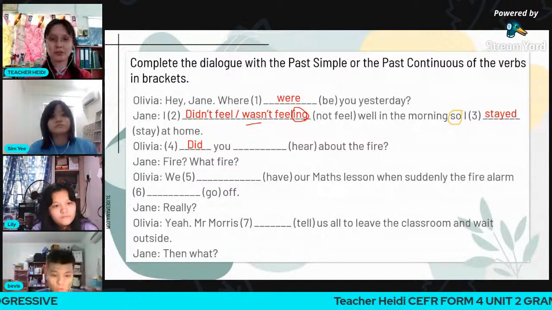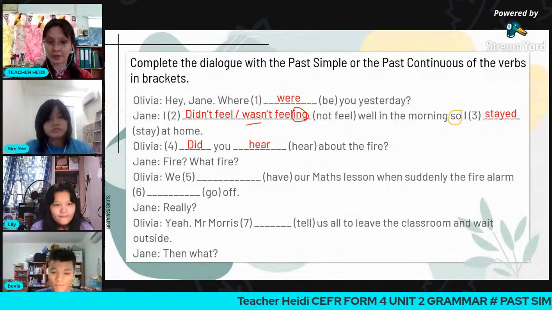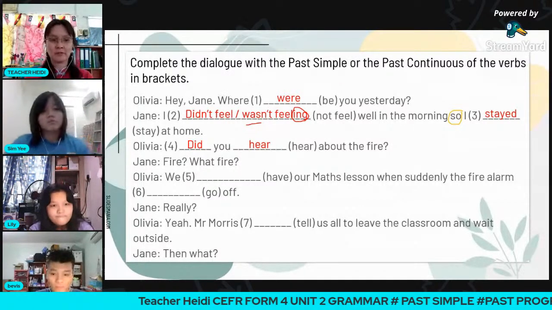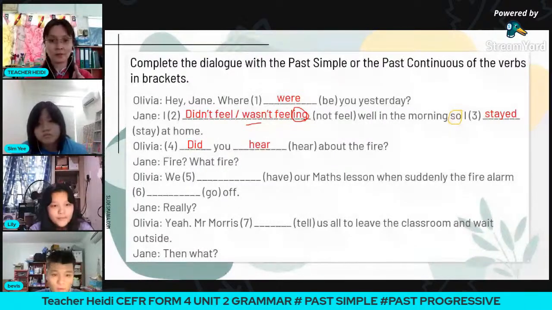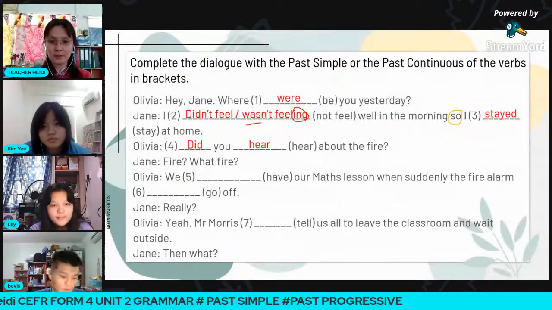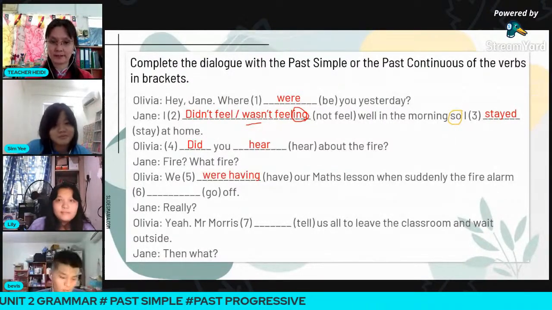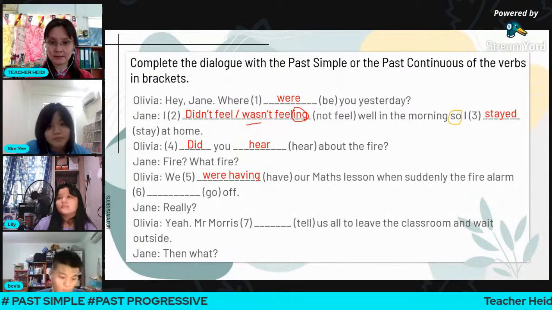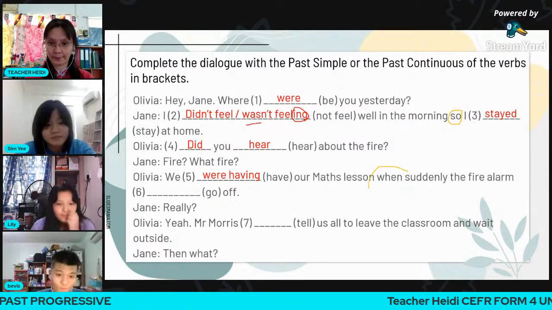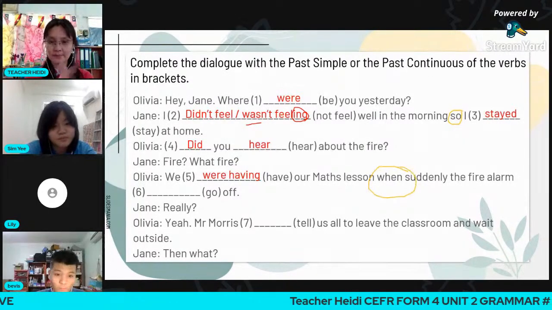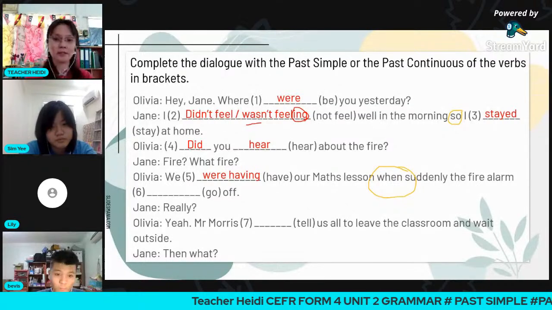So did you hear about the fire? Then Jane answered, fire? What fire? Olivia said, we were having. Here, there's a usage of when. This means something is going on when another thing happens.